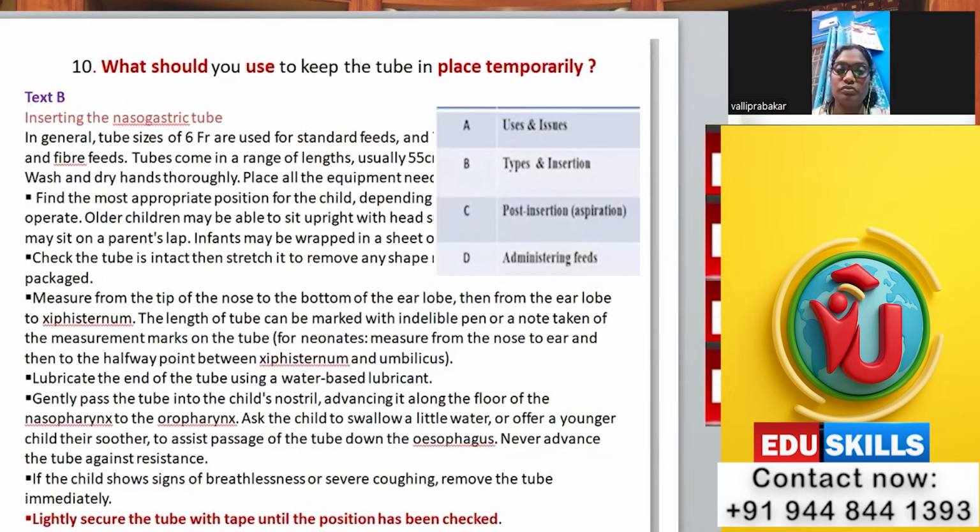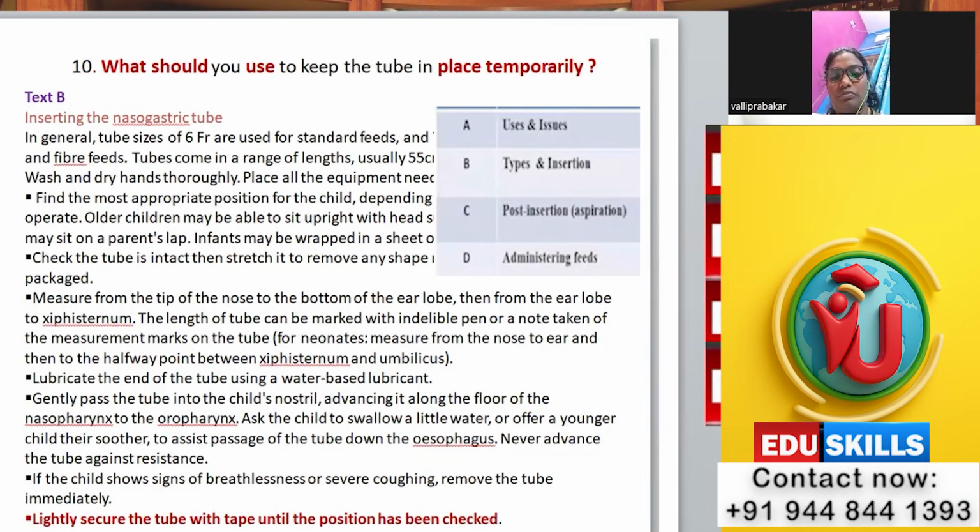Then the 10th question, what should you use to keep the tube in place temporarily? Here also that procedure only they are telling. After putting the insertion, we have to put something temporarily. In the last line, lightly secure the tube with tape until the position has been checked.